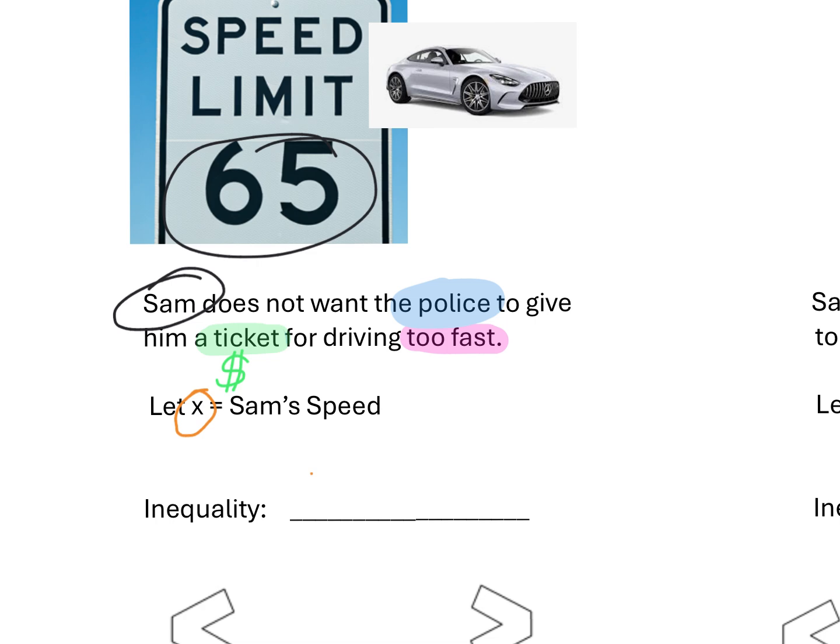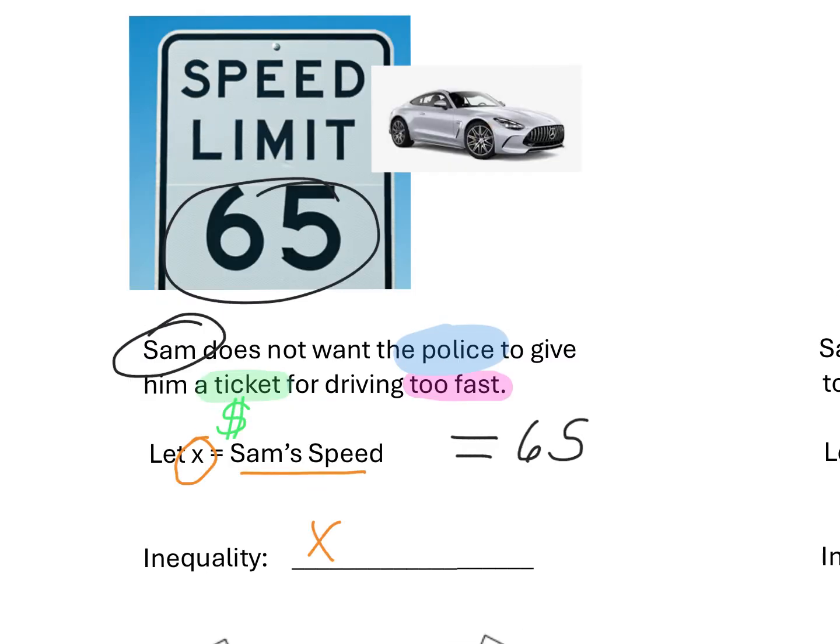So if X represents Sam's speed, he will not get a ticket if he drives exactly equal to 65.